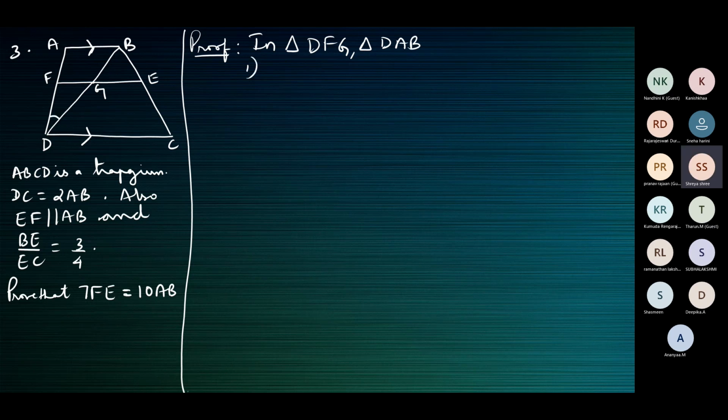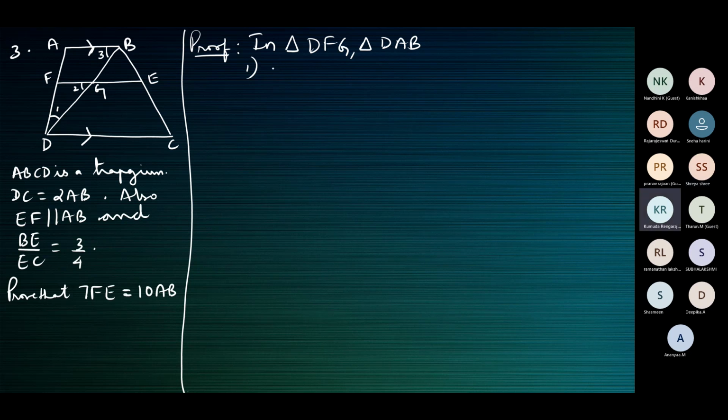Angle DGF, let me number it. Please use the numbers. Angle 2 is equal to angle 3. Reason? Corresponding angles.